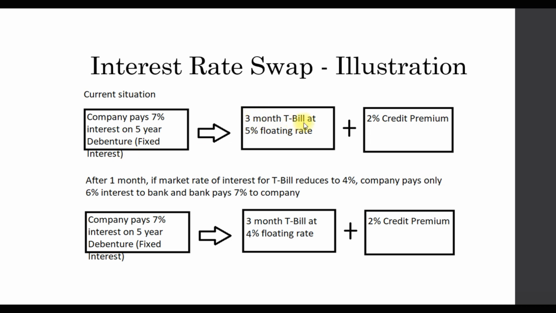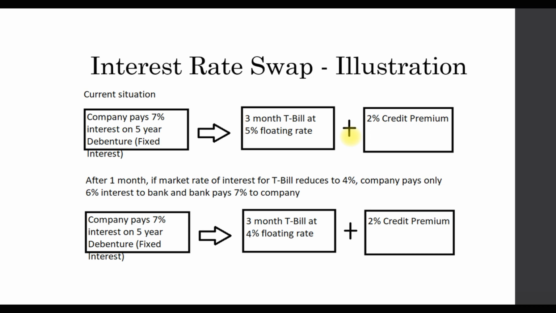The company is counting on the bank for a 3-month treasury bill floating rate, which is at 5% now. To match the 7% interest, the bank adds a 2% credit premium to the 5% floating rate T-bill.